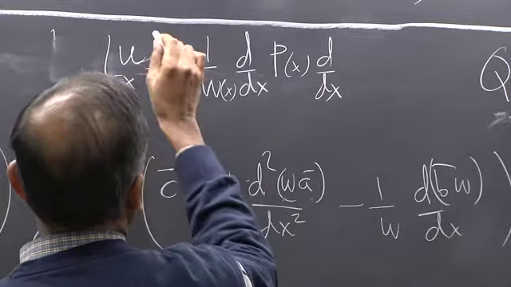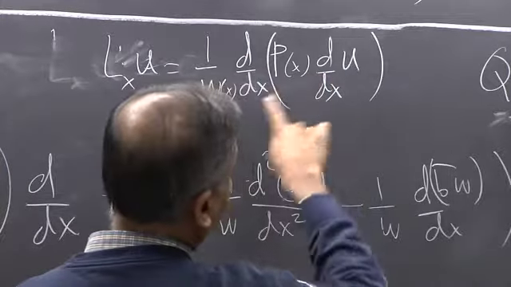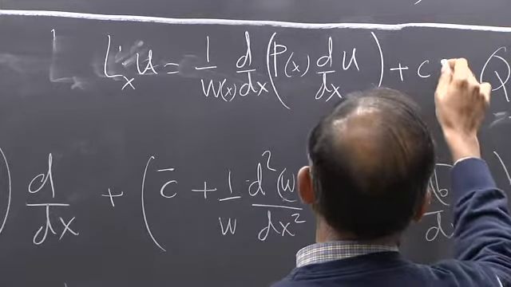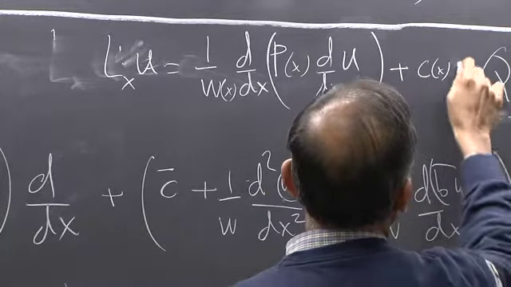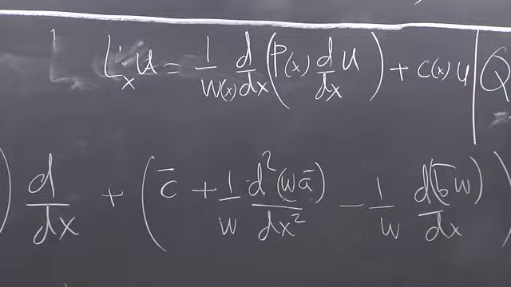So let me write it, Lx acting on u is this: d by dx acting on the combined thing, plus c of x times u. Then this will again be self-adjoint with respect to the weight w.